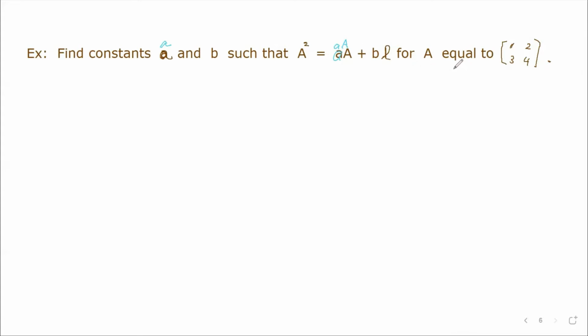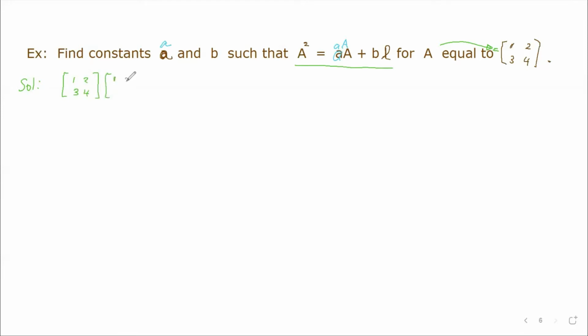How to do? So try to get the information they give to us. So we write down from A square, but we have matrix A equal to this, correct? Matrix A equal to this one. So for A square, we can have the solution. Get matrix 1, 2, 3, 4 times, because A times A, right?